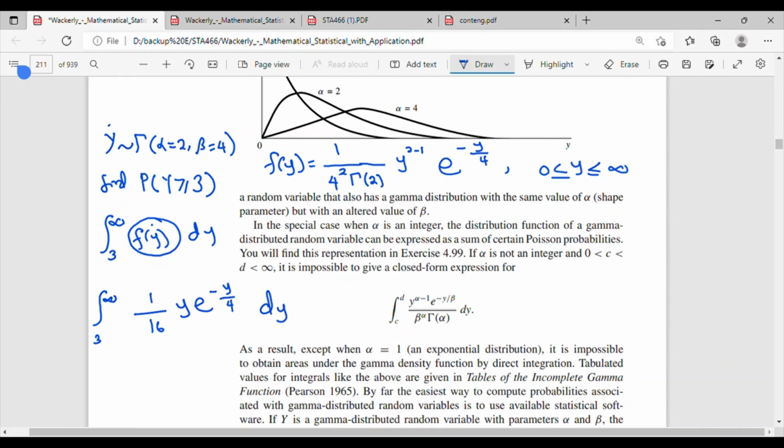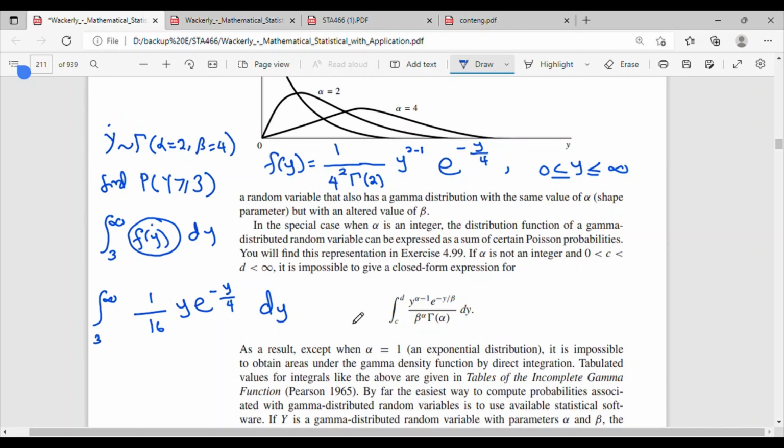So we have to integrate this function. How to integrate depends on whether the function is complicated or not. It seems here we must use integration by parts to get the probability. So integrate as usual.